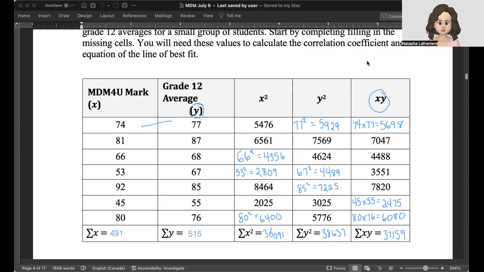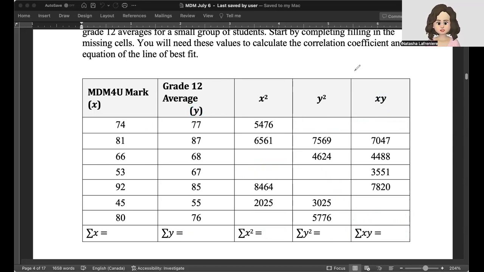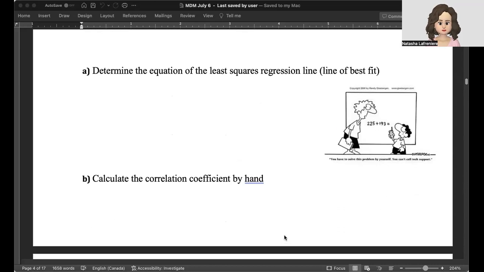I'm going to clear this and we're going to move forward. That bit is a little bit easier. Determine the equation of the least squares regression line, so the line of best fit. In other words, this is finding your slope and then your y-intercept, and then putting it in your y equals mx plus b.